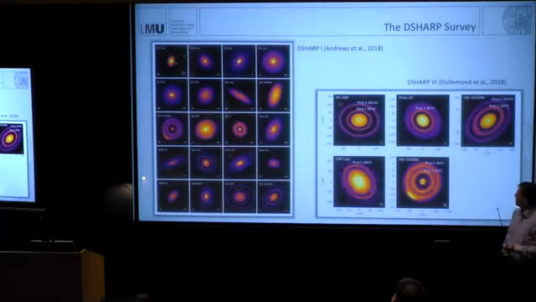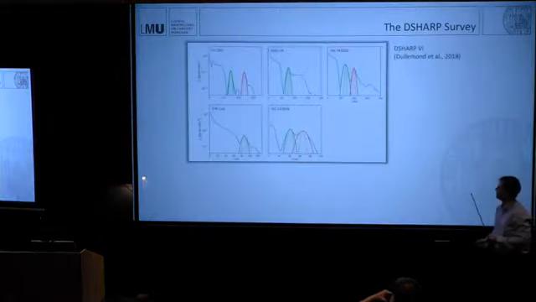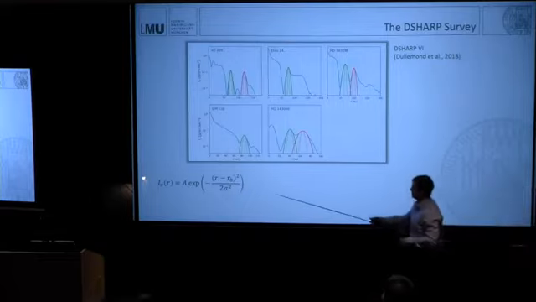And in Kuo's DSHARP paper, he looked into 8 of these dust rings in closer detail. And he summarized the results. Basically what he did is he was fitting Gaussian profiles to the intensity. And so he could get basically the width of these Gaussians.